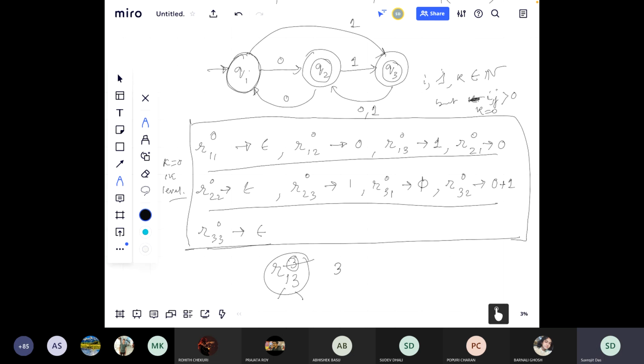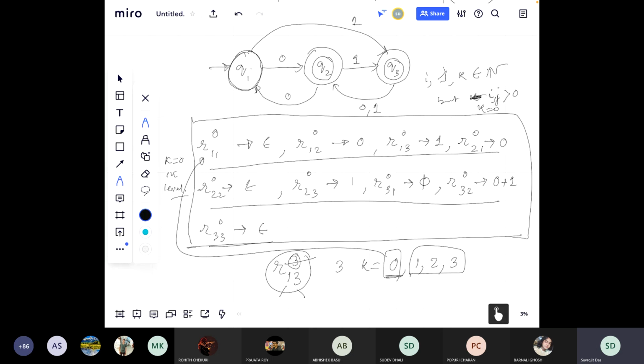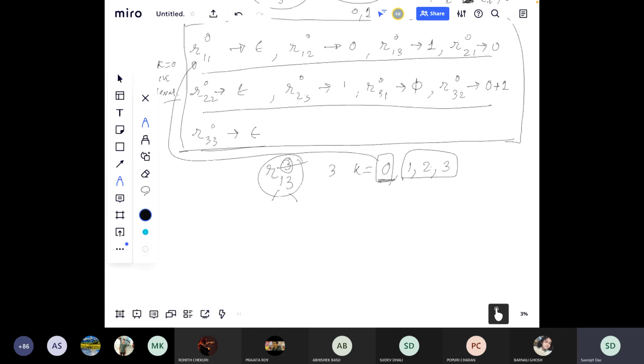That's why I start at 0 and then iterate over k values of 1, 2, and 3. These are for going through states, and this is for not going through any state. This matches the definition of Rijk, right? Clear? Yes, sir.